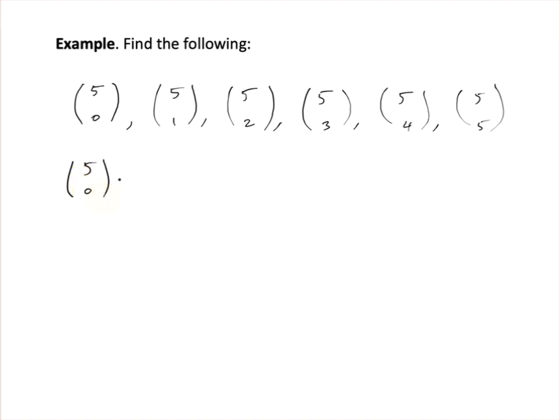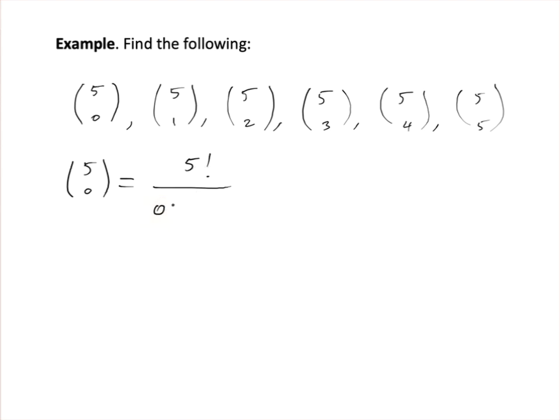By the way, this is easy to know. The answer is 1. You have 5 objects. How many ways can you not choose any of them? There's only one way, with an empty hand. So 5 choose 0 is, according to the formula, I'm going to just demonstrate the formula. We know the answer is 1. You don't need to use the formula.